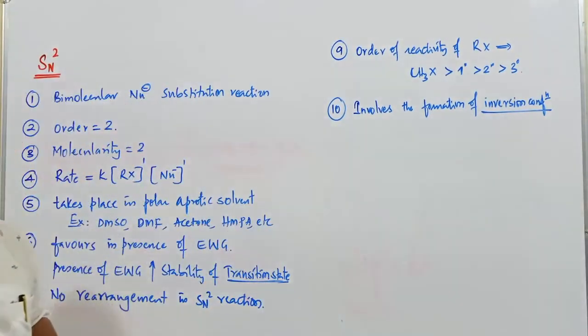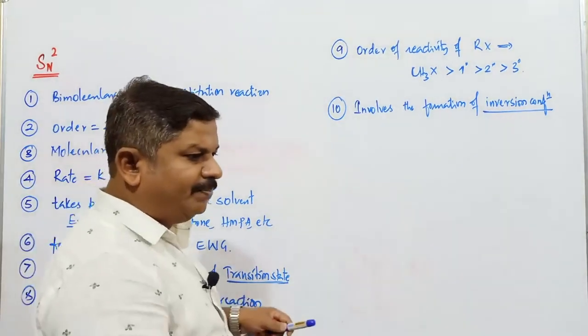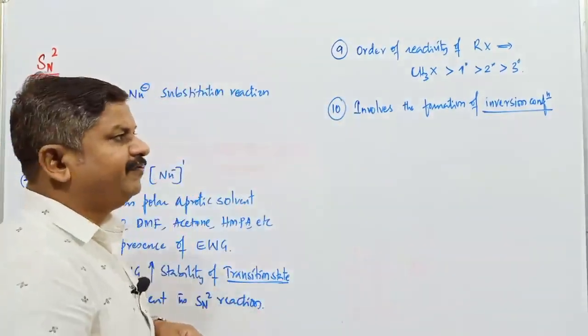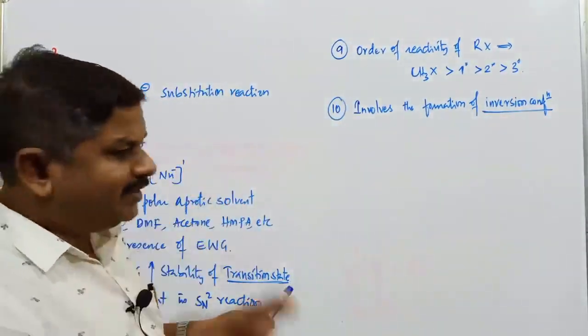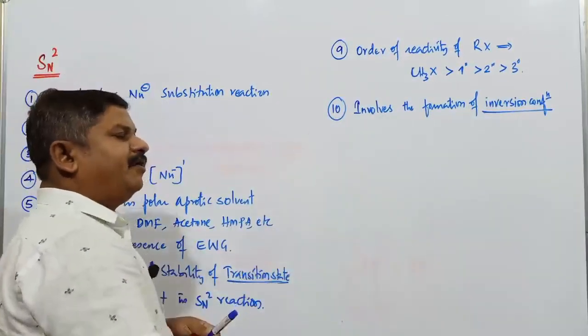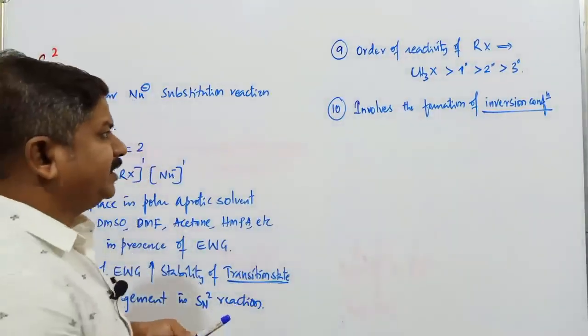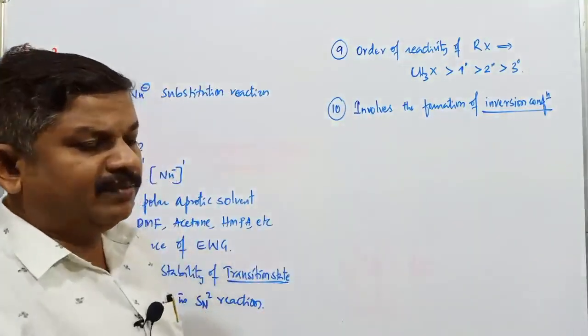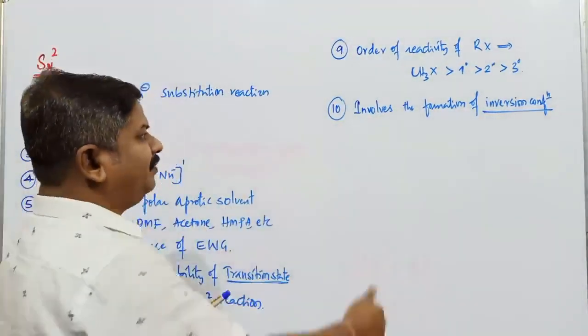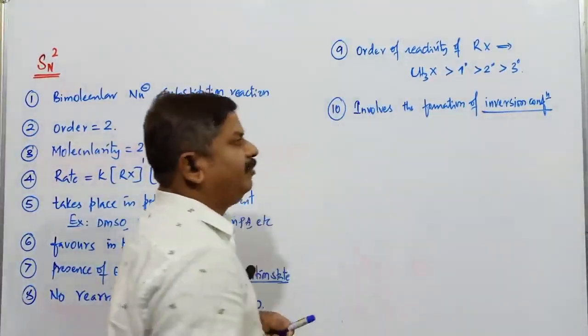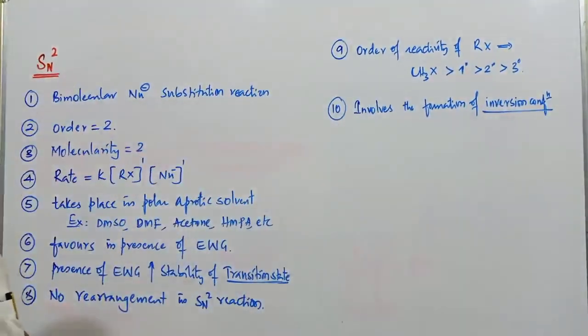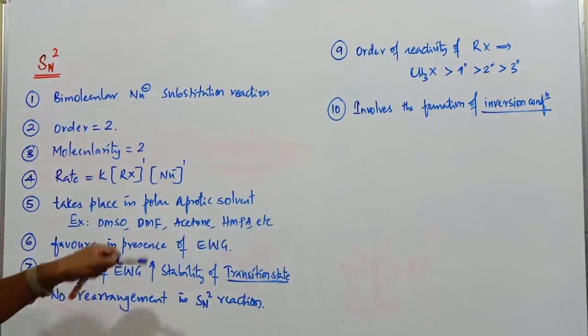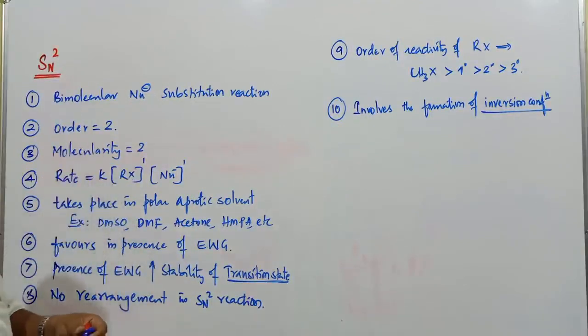Yesterday we discussed, but it is not always correct. In all molecules there is no formation of a racemic mixture. Yesterday I explained with one example how the formation of a racemic mixture is not compulsory, but generally it results in the formation of both retention as well as inversion. So it forms a racemic mixture, but here it involves the inversion of configuration. So these are some of the points related to the SN2 reaction.